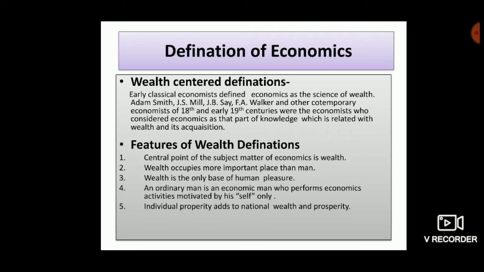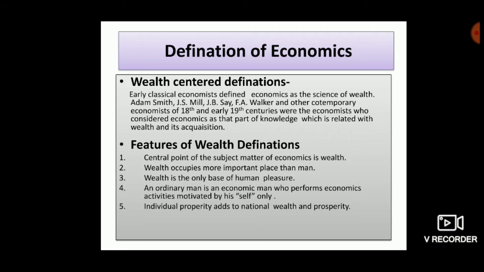In the 18th and early 19th centuries, there were a lot of economists whose views were the same, focusing only on the wealth-centered definition. F.A. Walker says that economics is that body of knowledge which is related to wealth.